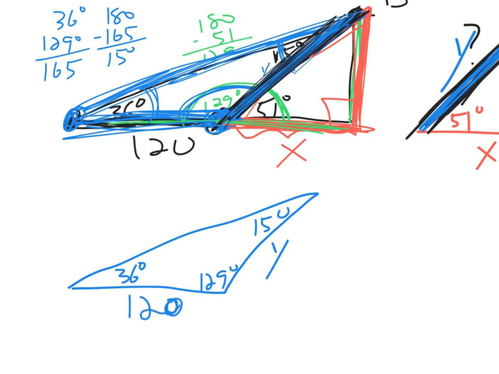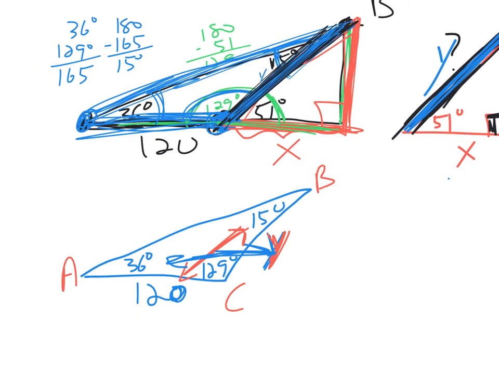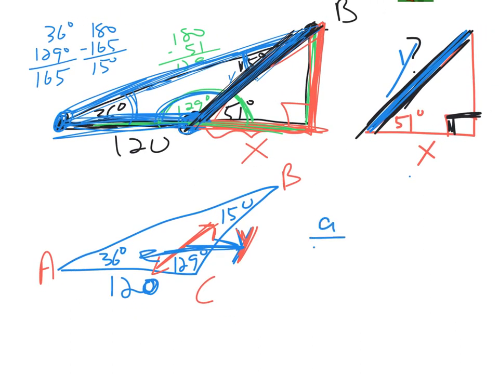So I can go about solving for y in this blue triangle by using the law of sines, because I have a matching set. If I put some letters down here, I want to find y, which happens to be opposite my 36-degree angle, which I called a. So I'm going to go a over the sine of a, that equals, now my matching set are my b's, so that's going to be b over the sine of b.